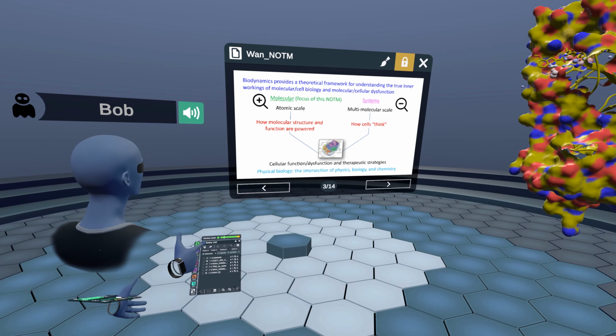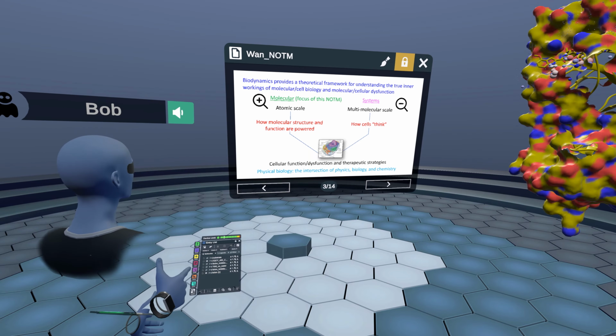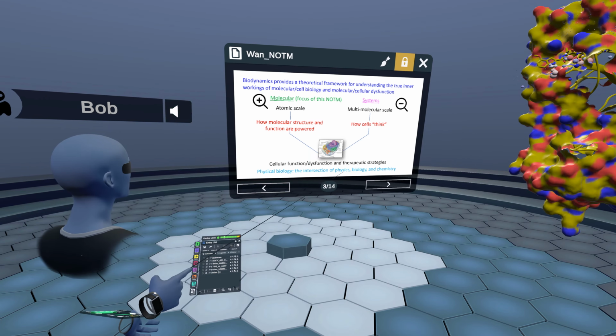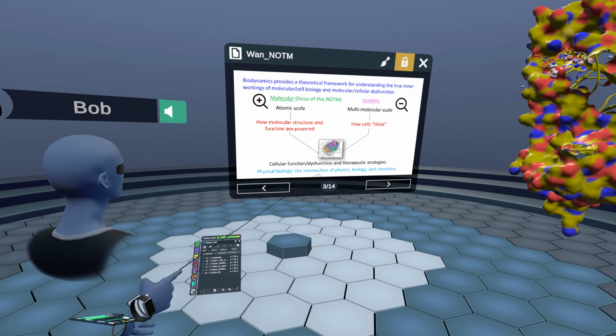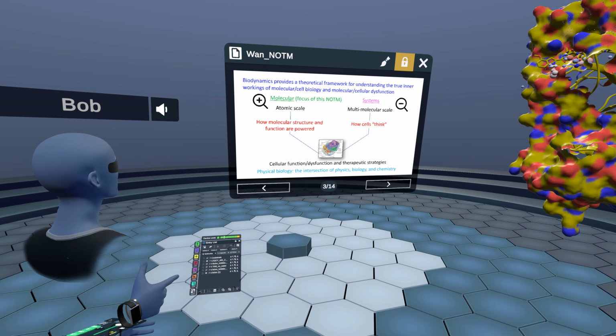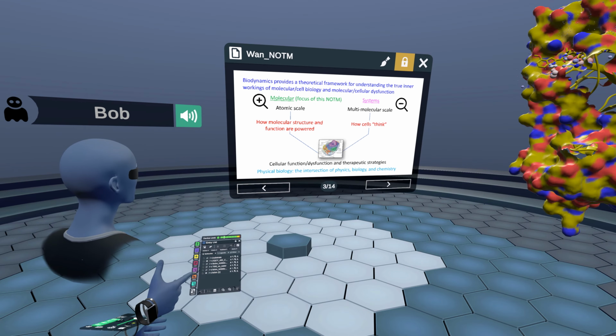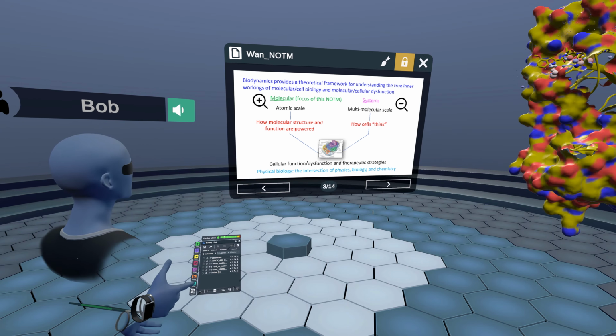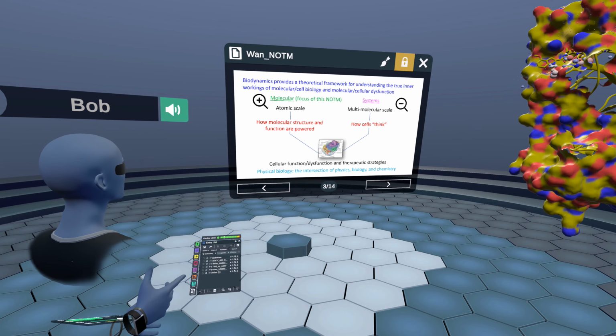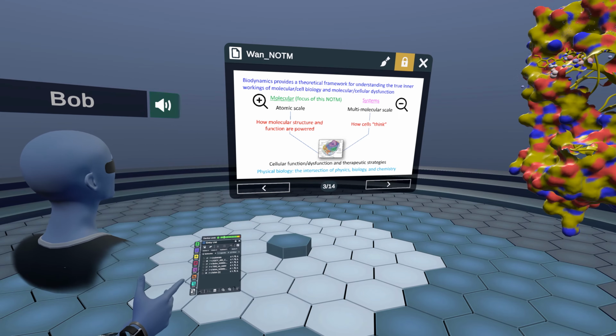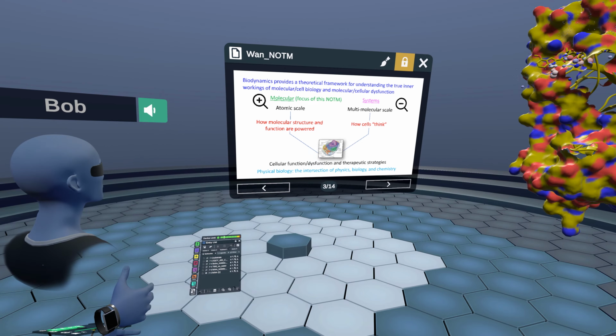And we're working at the intersection between physics, biology, and chemistry. So that's, I think, what sets biodynamics apart, is drawing from all of these different areas and integrating them into one scientific platform.